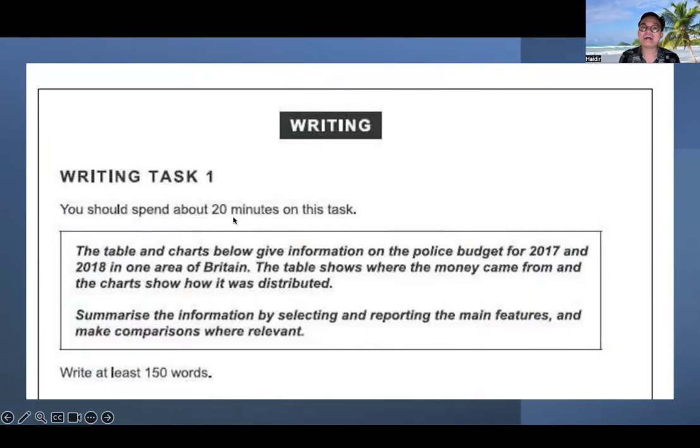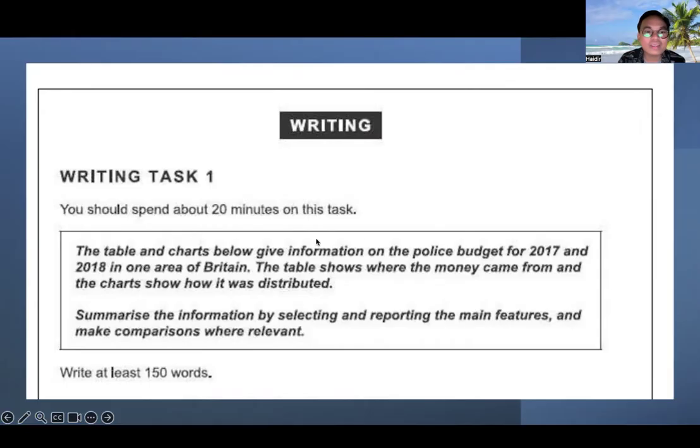And how many words should you write minimally? Yes, 150 words or over, but at least 150 words. So you have to write 150 words or more in 20 minutes because you're gonna save the other 40 minutes for Task 2, which is gonna be another day, another discussion, another session.